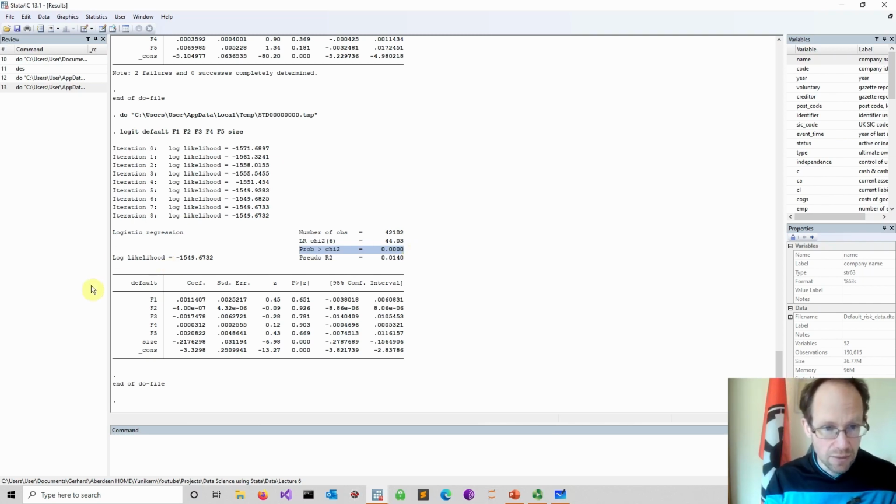Now looking at the individual independent variables, clearly firm size jumps out as being highly significant. So there is no doubt about this. And as you would expect, smaller companies, with a negative coefficient, have a higher risk of default. So this is an interesting outcome and certainly something to explore further.